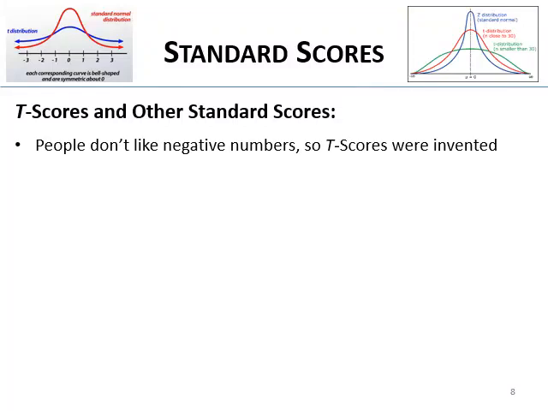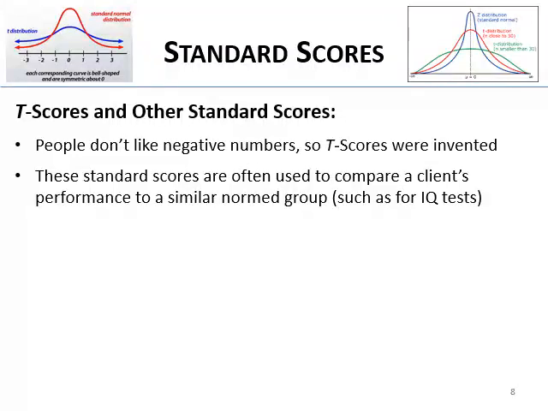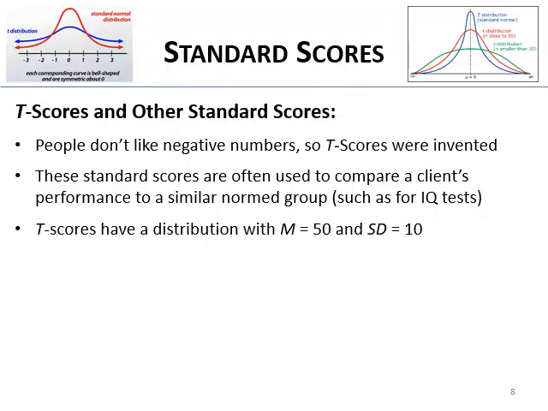So basically, people don't like negative numbers, so they shift everything up so that there's no negative numbers anymore, and those are called t-scores. So they're often used to compare someone's performance on a standardized measure, like an IQ test, to the score that's typical for their age and sex, for example, in the back of a test manual. T-scores frequently come up if you take a tests and measures class.